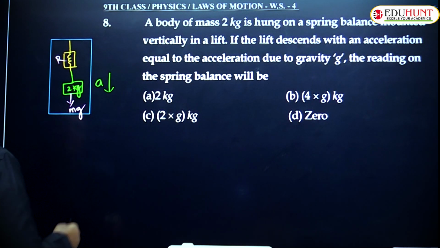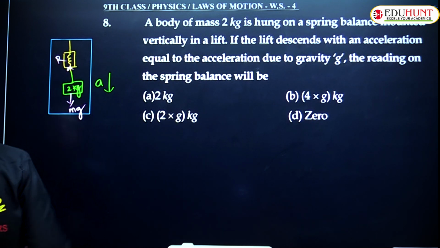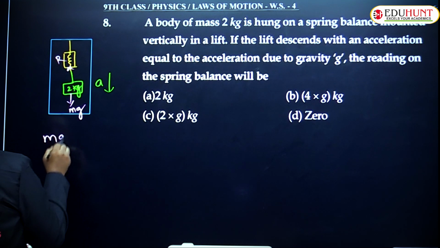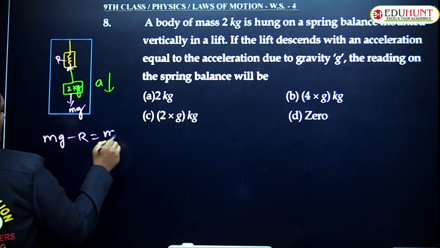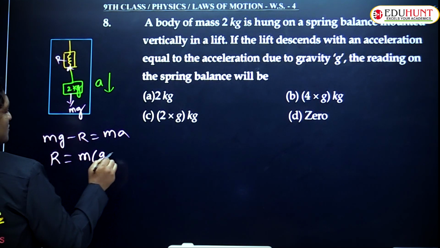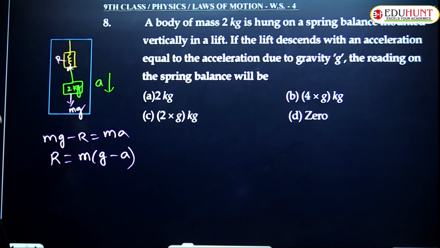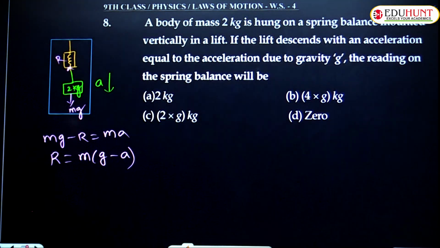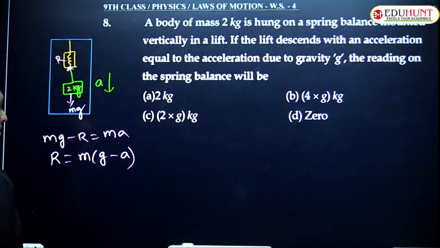So whenever the lift is moving downwards, the equation is given as mg minus R equals ma, or simply R can be written as m into g minus a. So whenever the lift moves downwards, R equals m into g minus a.